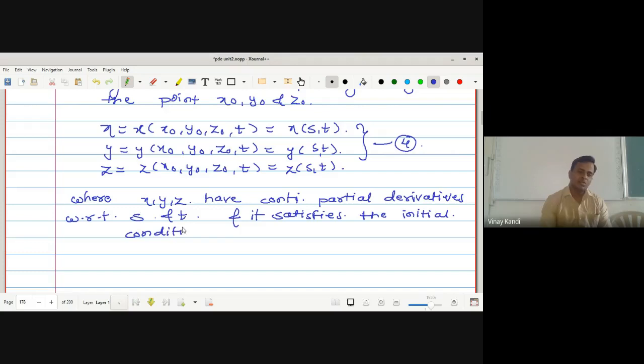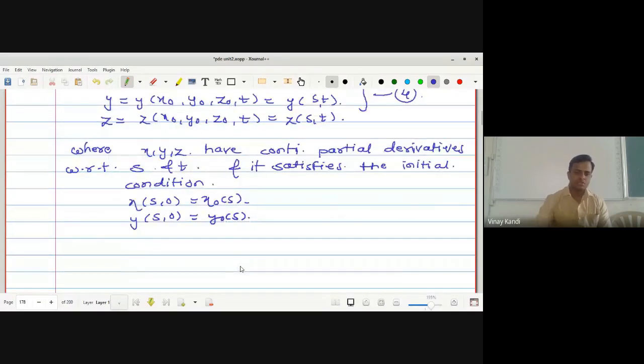What is the initial condition? X of s0 is equal to x0 of s. Y of s0 is equal to y0 of s. And z of s0 is equal to z0 of s. Okay.